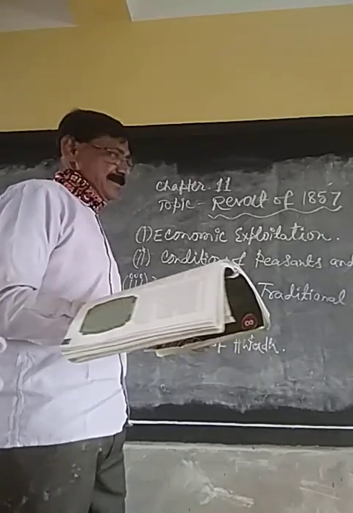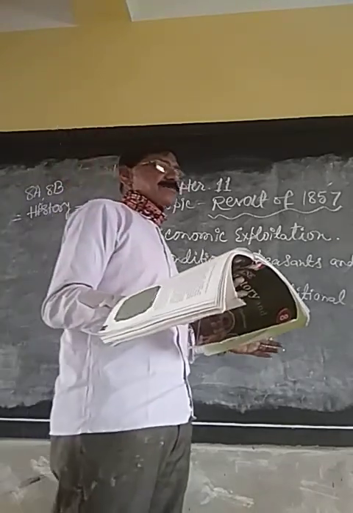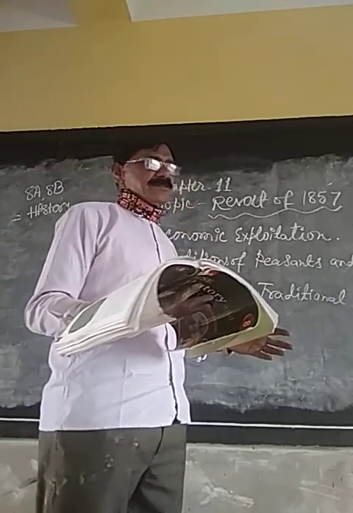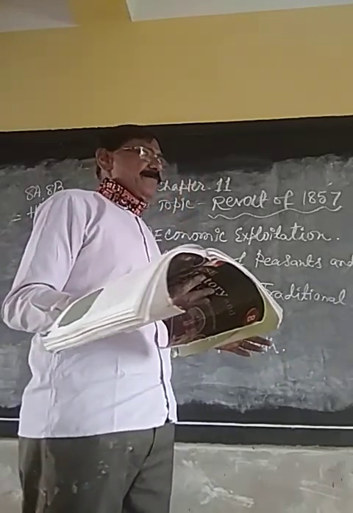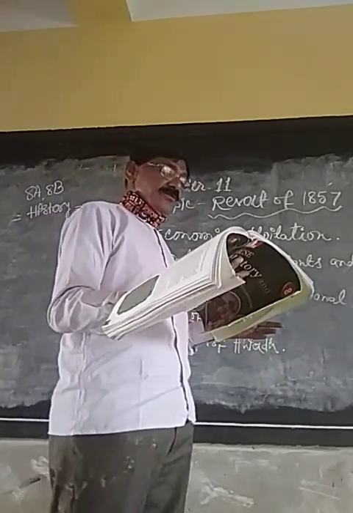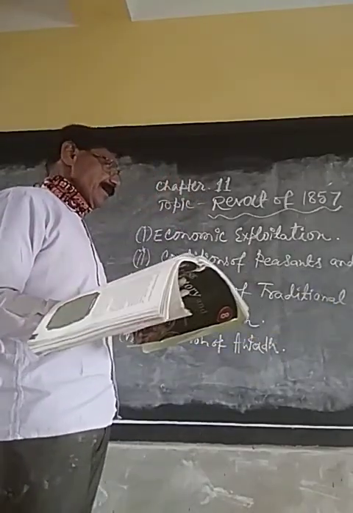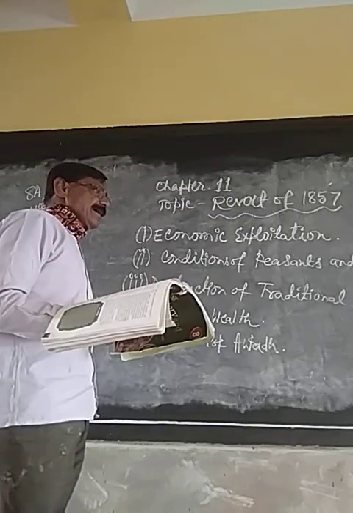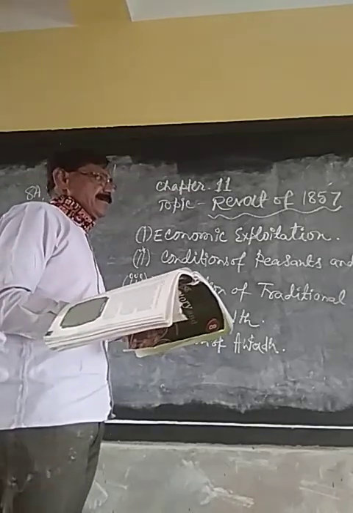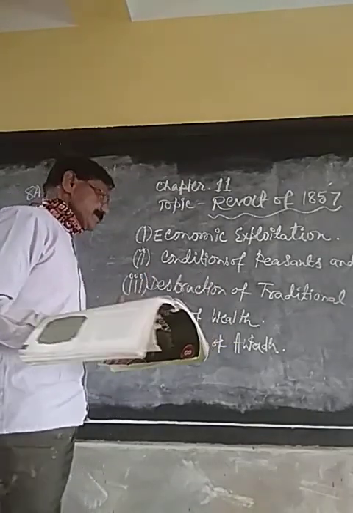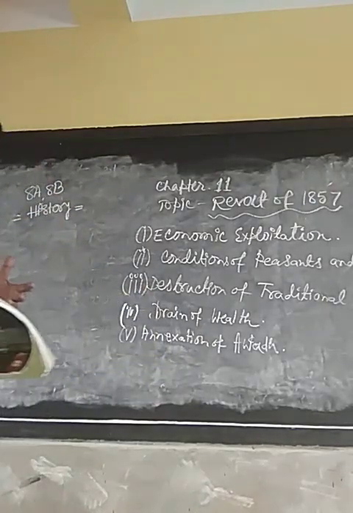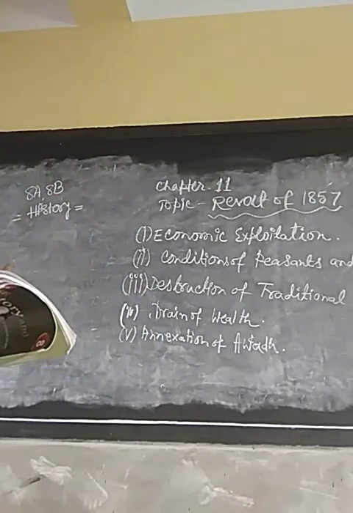Because of that, the other regional kingdoms worried about their conditions, and they decided to make a good understanding with the Britishers in order to avoid being annexed by them.